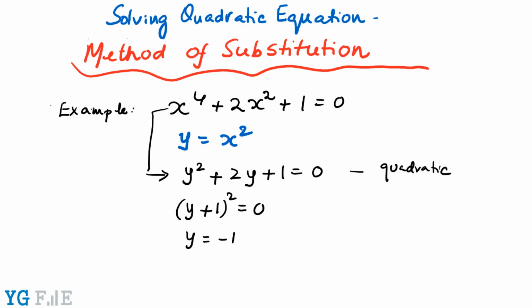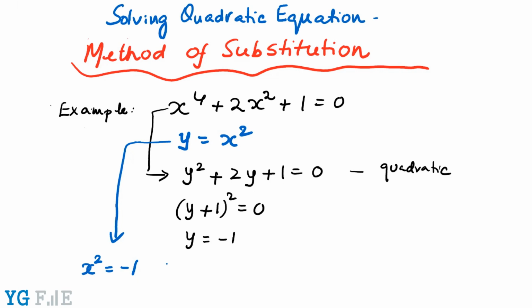Now what we are looking for is the values for x and not y. So how do we get to x? We will substitute. So x^2 will be equal to minus 1, because here we see that y is x^2, therefore x^2 is minus 1.